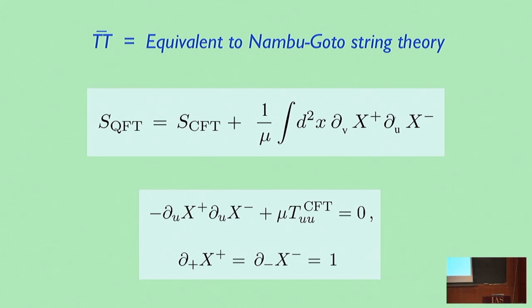One of these factors becomes equal to 1, and then the other coordinate is just the integral of the stress tensor. You plug that back in there, and that becomes the TTbar deformation. And then indeed you can see that the spectrum of this theory corresponds to that of TTbar. Again, the spectrum of the Nambu-Goto string would have the sign of mu just the opposite of the one I just discussed. It's the one where the light cone is squeezing.